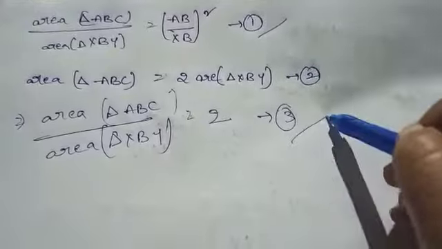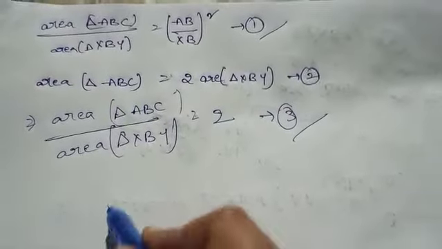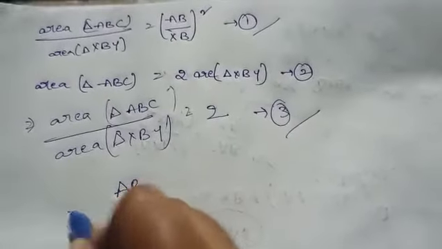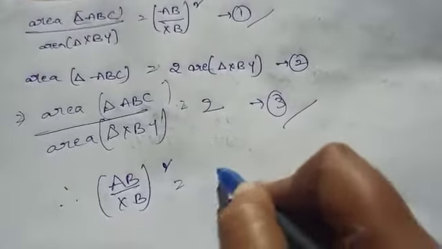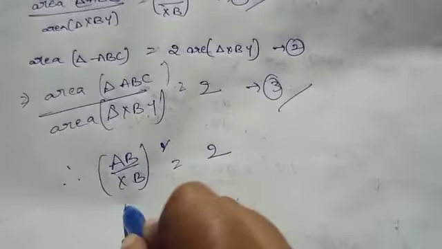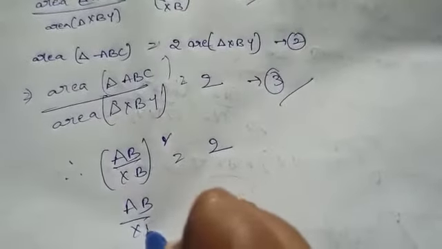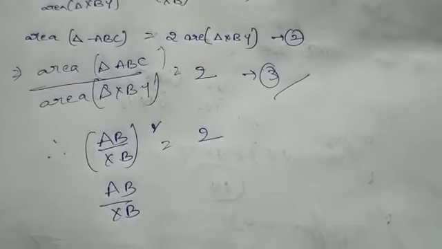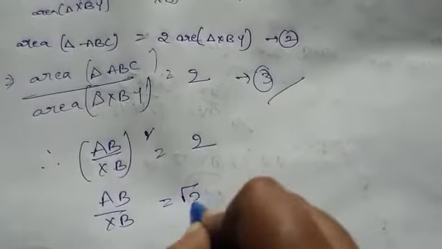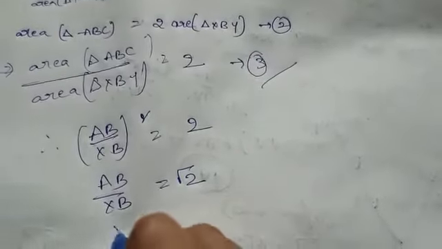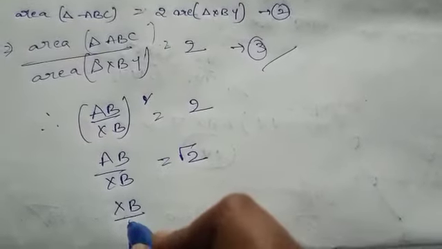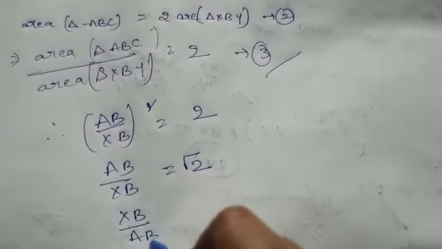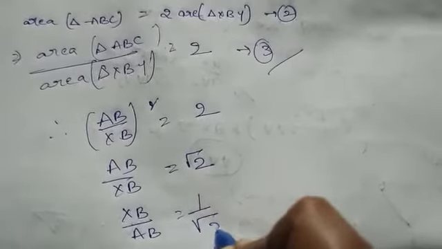Comparing 1 and 3, here we get AB by XB whole square equals 2. Okay. AB by XB equals root 2. Reciprocal of this ratio: XB by AB equals 1 by root 2.